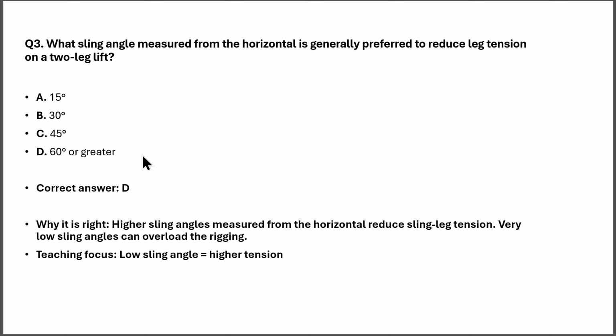Correct answer is D. Why it is right? Higher sling angles measured from horizontal reduce the sling leg tensions. Very low sling angles can overload the sling and rigging. Teaching focus: lower sling angles equals higher tension.